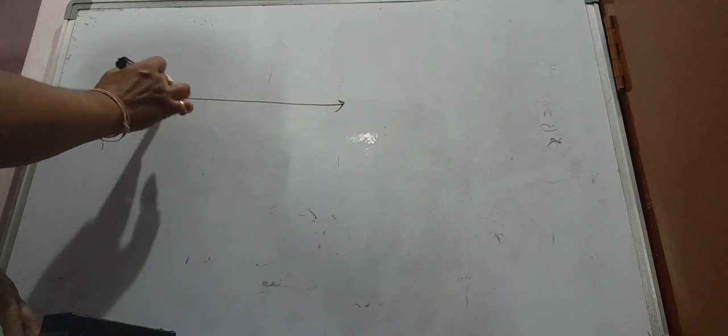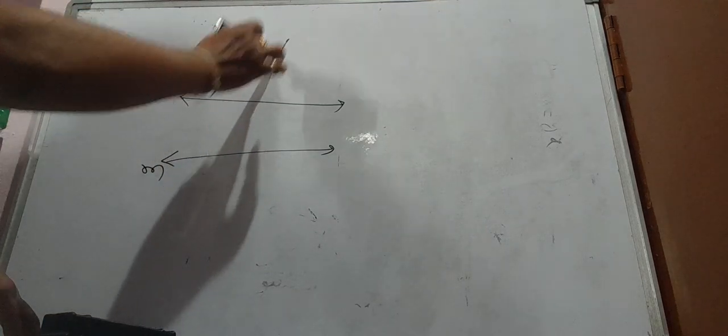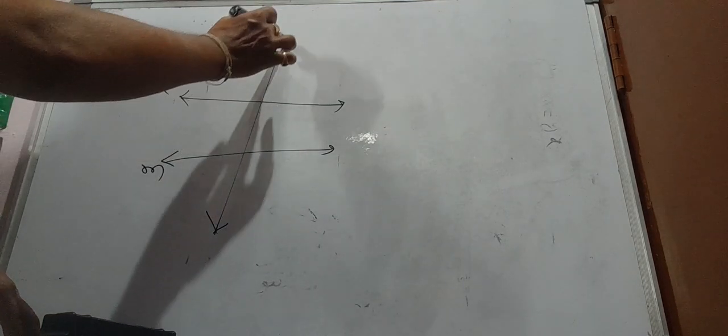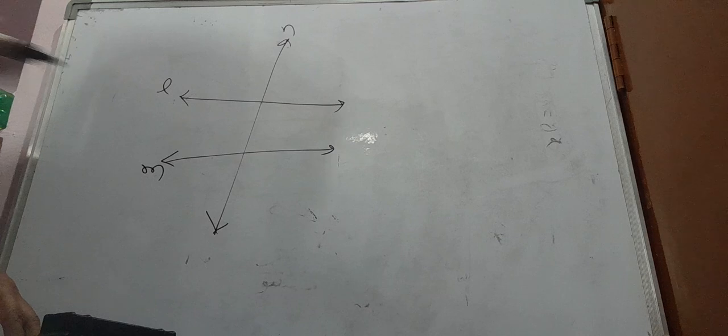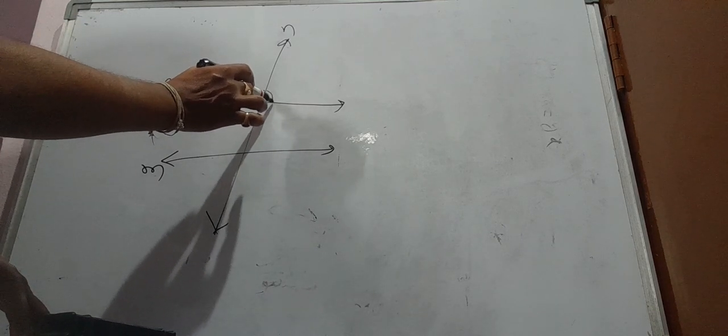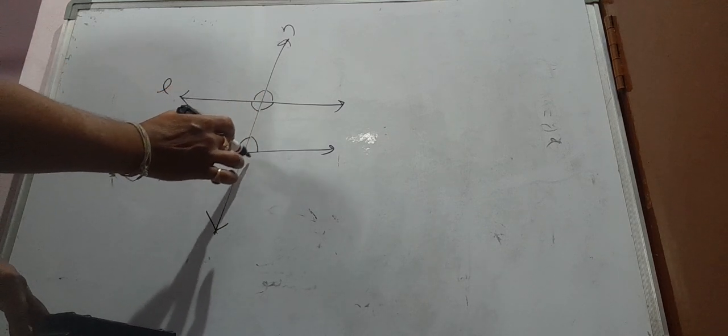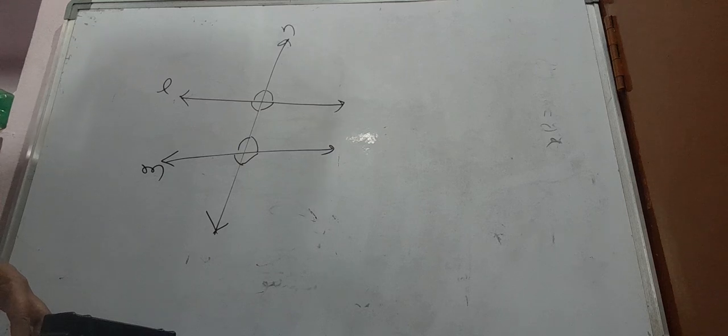Say this is L, this is M. Here one line is intersecting these two. This is the N line. This is called a transversal. Children, when a transversal is intersecting the lines, we are getting angles. Already you know what an angle is.